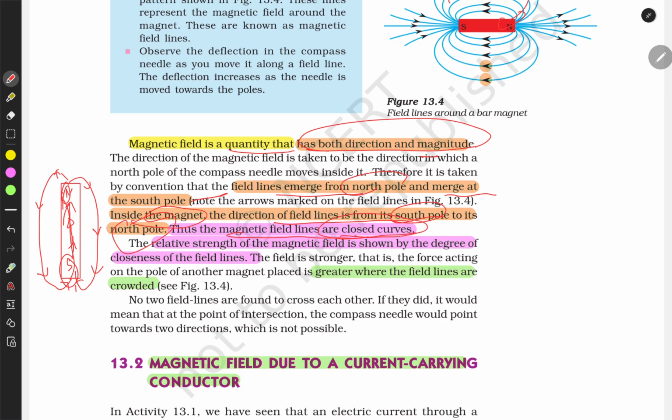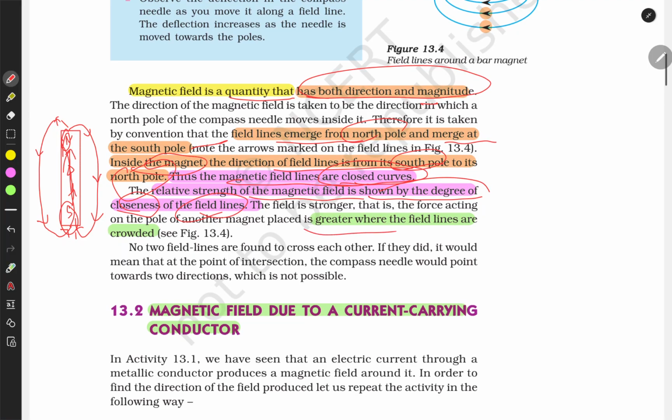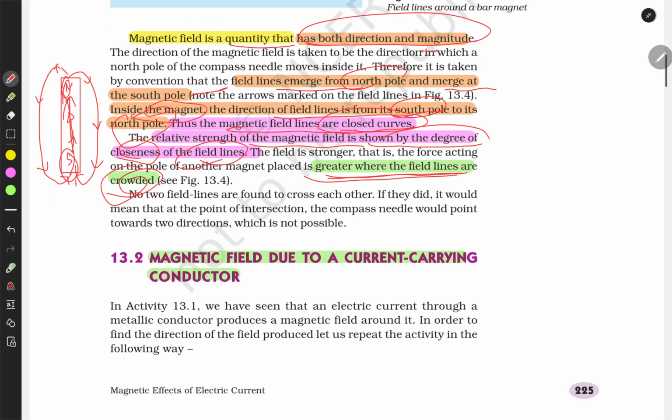The relative strength of the magnetic field is shown by the closeness of the field lines. The strength is greater where the field lines are crowded. If the field lines are closer, the magnetic field strength is greater.